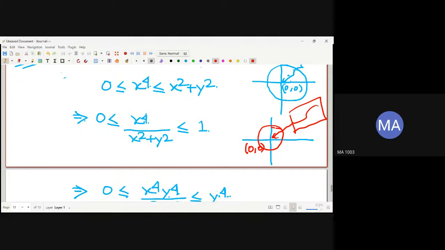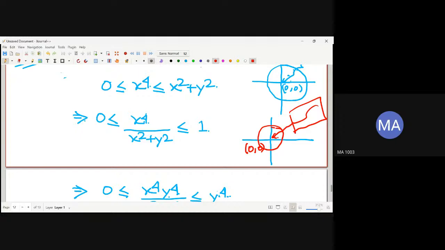When I'm taking a path, I'm only concerned about this. We are just simplifying our calculation because we are only concerned with how the approach is happening. It's how the curve behaves inside this circle that really matters, not how it behaves outside of the circle.